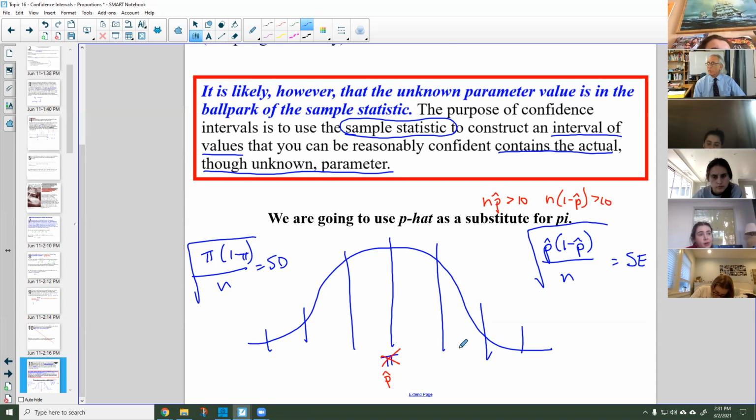But when I do this, if here is my p hat, and this is minus 1, minus 2, minus 3, plus 1, plus 2, plus 3, if I do this with just my sample, that's all I had was my sample, I am going to be 95% confident that the actual population parameter is going to lie between whatever number that is and whatever number that is.